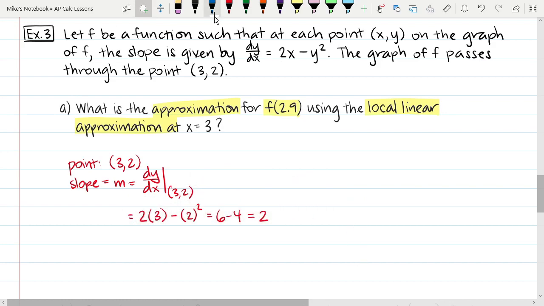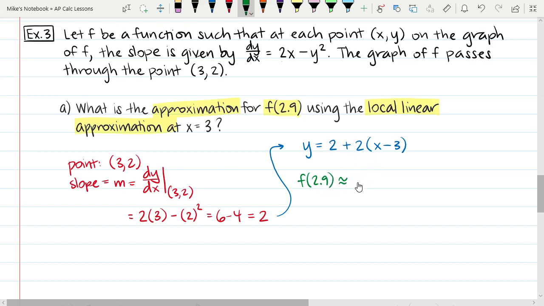Okay, so I now know my slope and I know my point, so now I can write the equation of the tangent line. So this is going to be y equals 2 plus, our slope was 2, times x minus 3. And now we can finally approximate f of 2.9.